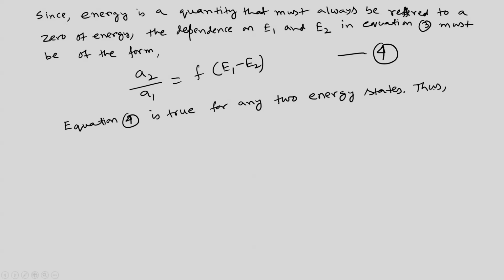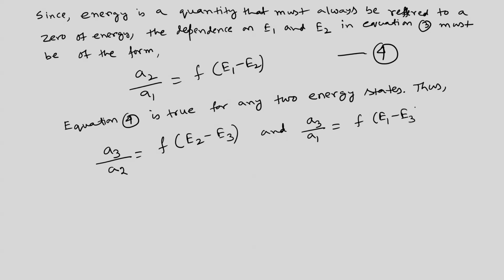Thus, we can write that A3 by A2 equals this function of E2 minus E3, and A3 by A1 is a function of the difference E1 minus E3.